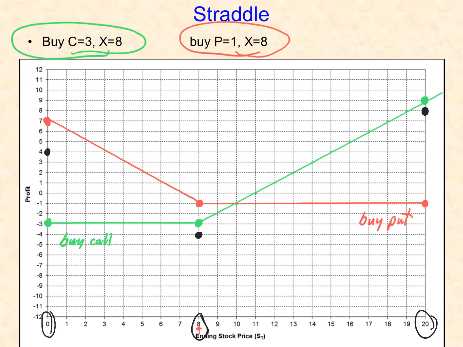We can combine these points with a line. See what our combined payoff looks like. Here's our combined payoff. I'll just call it the combo.